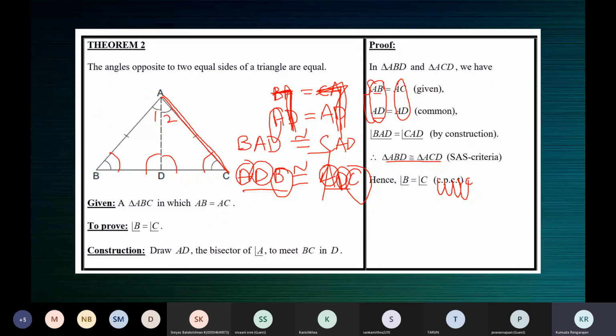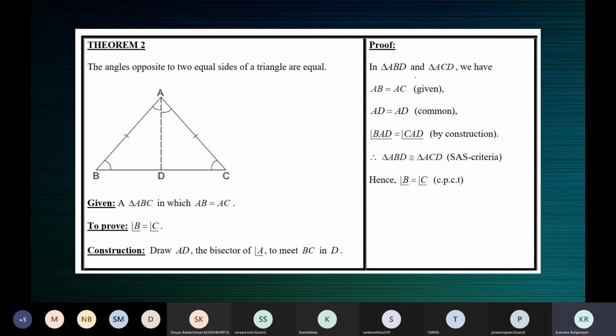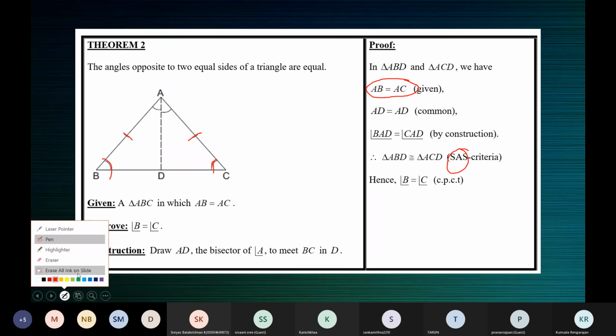So we proved that when two sides are equal in a triangle, when AB is equal to AC, the angles opposite to them are also equal, angle B is equal to angle C. We proved it using the SAS congruence criterion.